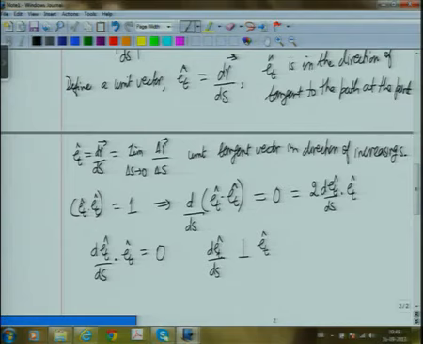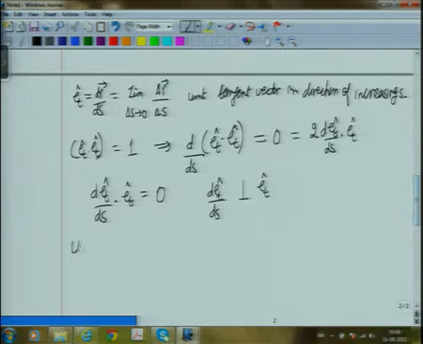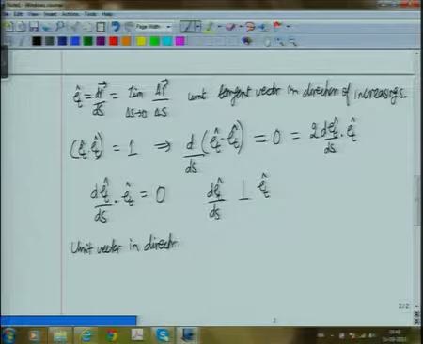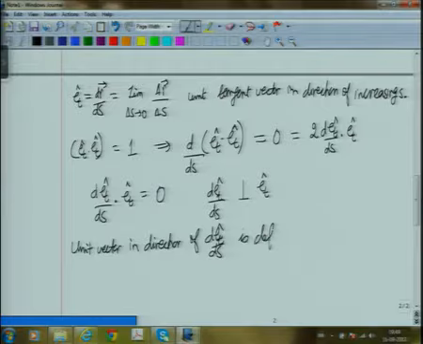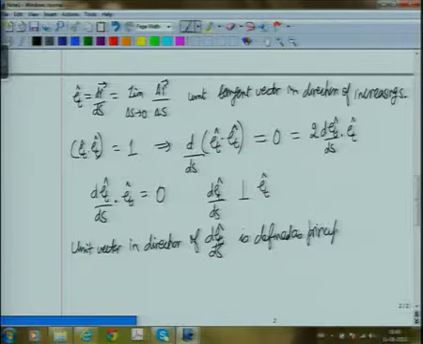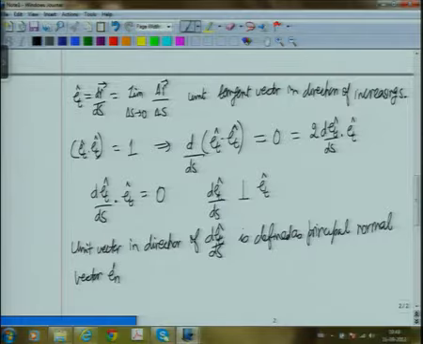Now we say a unit vector in the direction of det by ds is defined as the principal normal vector En.